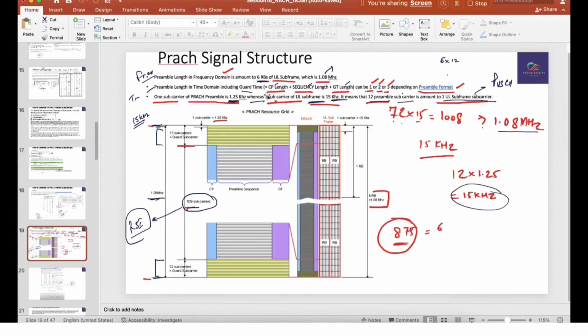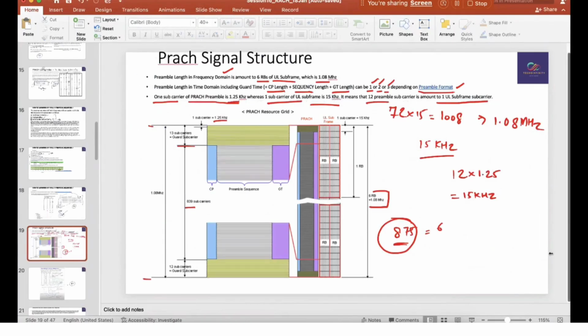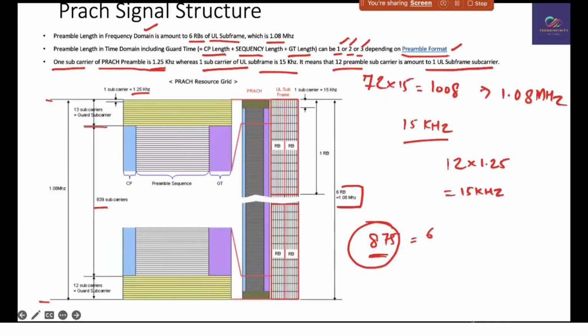This is the one which talks about the 4G 6 RB preamble signal structure. This is your 6 RBs being used in the uplink subframe, which is 1.08 megahertz. That is the 72 into 15, 1080 or 1008, whatever it is coming.